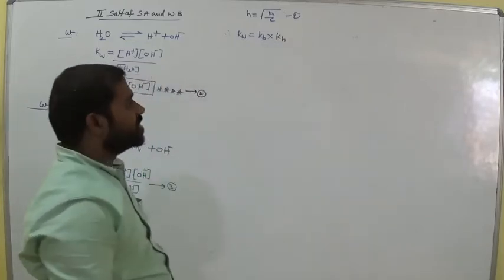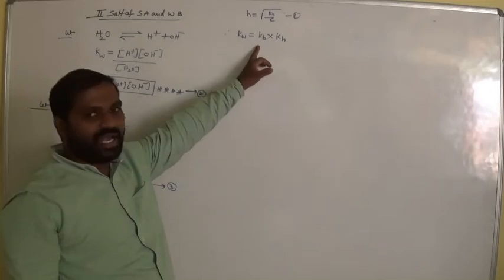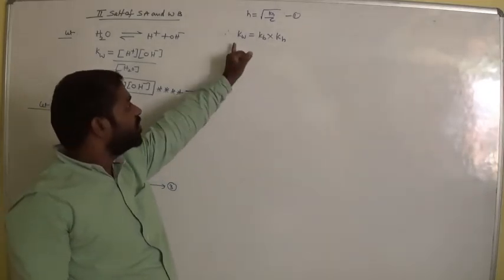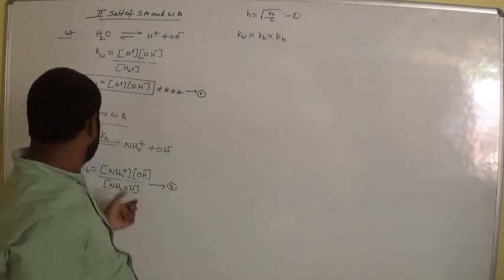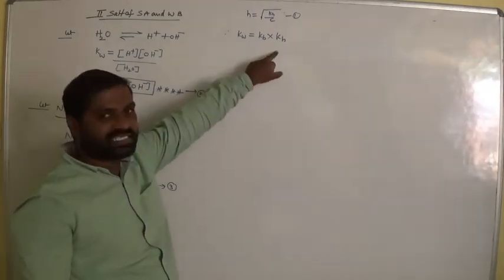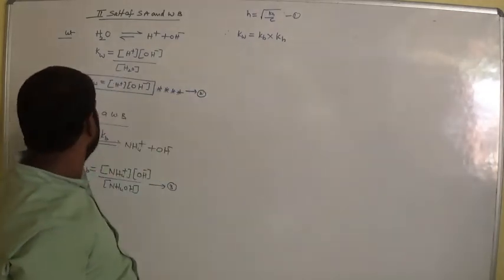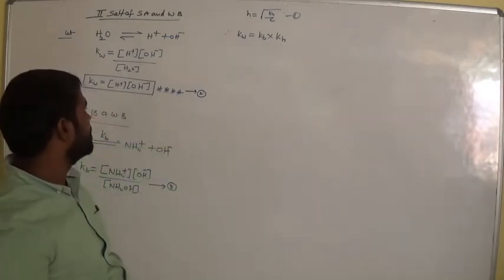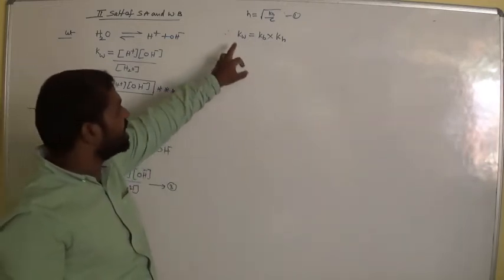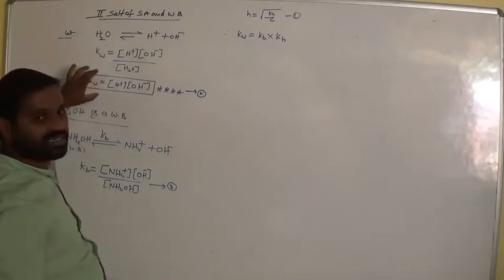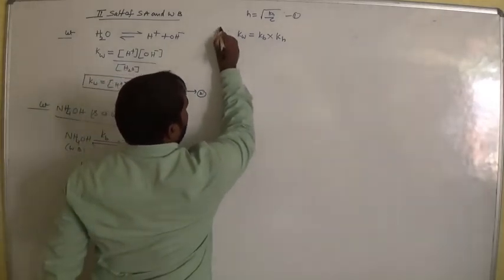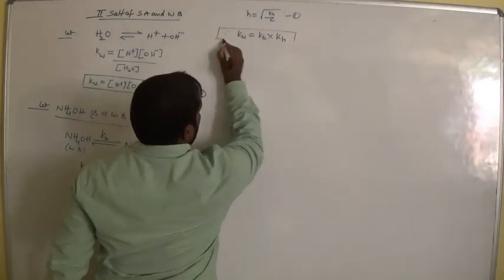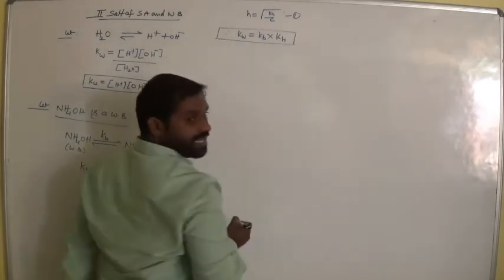That is the relation. If we multiply the values of KB and KH, we get KW. Now we have the KB expression, and we have the KH expression, which we already discussed. So when both are multiplied, we get KW. This expression we get. So now it is the relation. Clear?